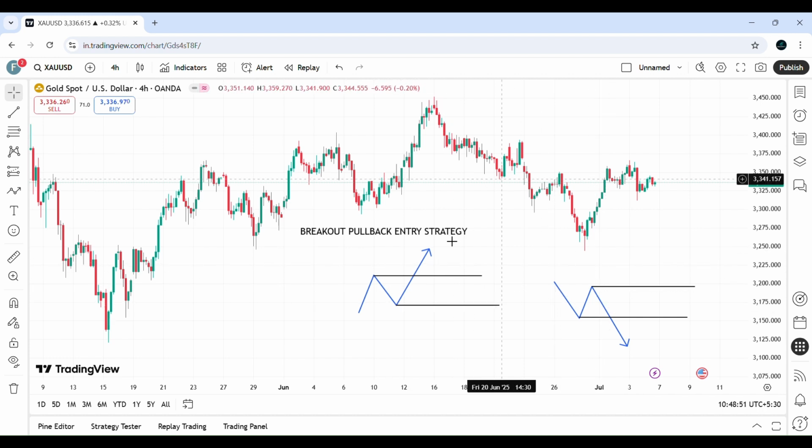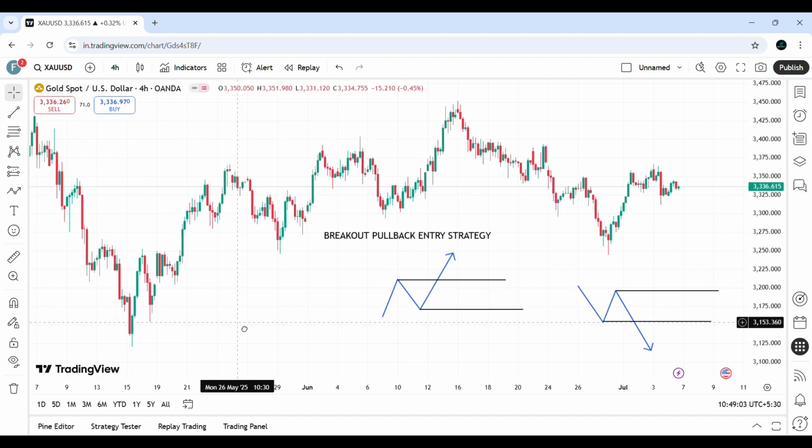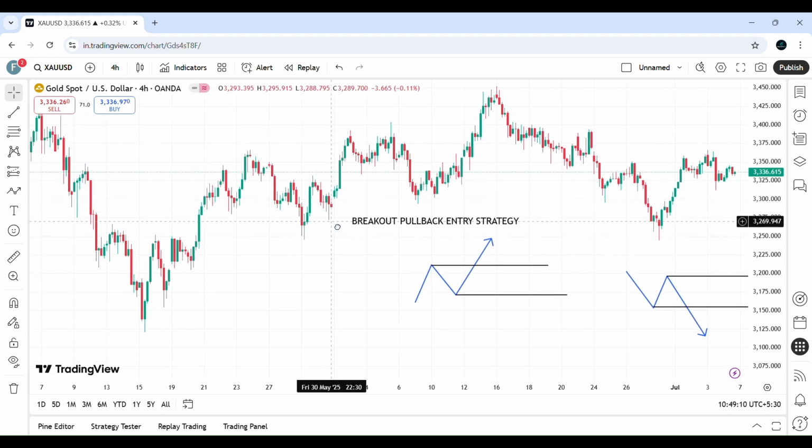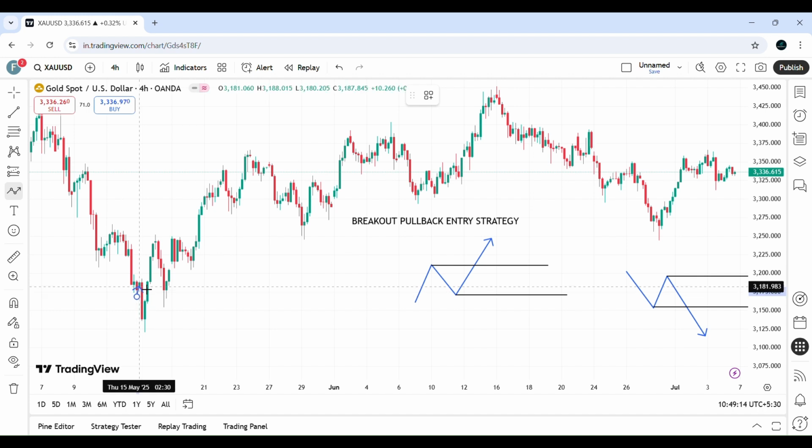So let's look into the chart. Just keep in mind this is our neckline area. This is where we want to wait for price to come back. In these cases, let's start looking from here. If here you look for a BPE, that is a breakout pullback entry, what you could see is there's a low, there's a high, there's a low again, and there's a high.